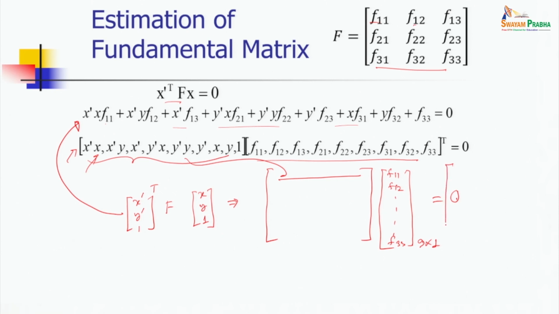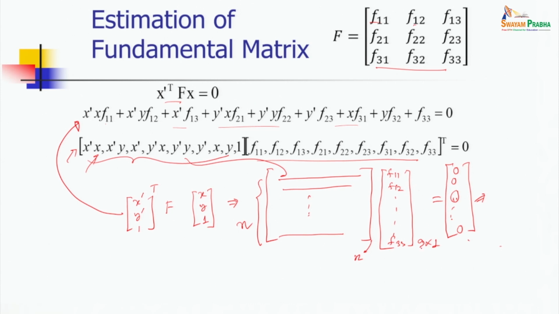The second row multiplied with this again gives me 0, and it goes on like this. Similarly, the last row will also give me 0. So this side will be 0, and since there are n corresponding pairs, there would be n rows.